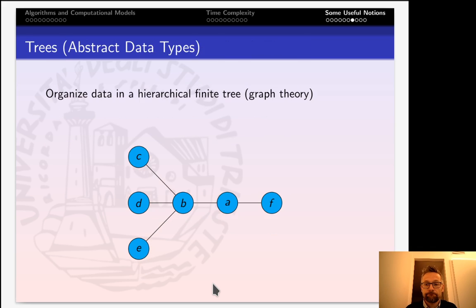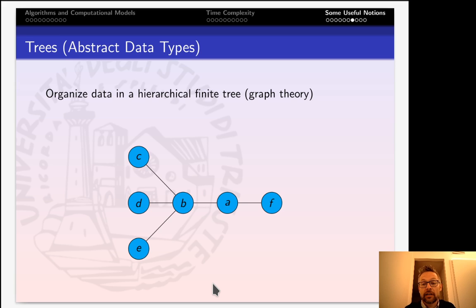Okay. So let's move to the abstract data type point of view, so from the graph theoretical to the computational, computer science point of view. A tree in computer science is organized in hierarchical levels, okay? And to do so, we have to identify a specific node called root.